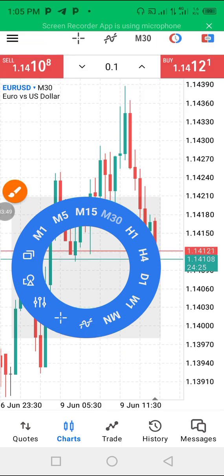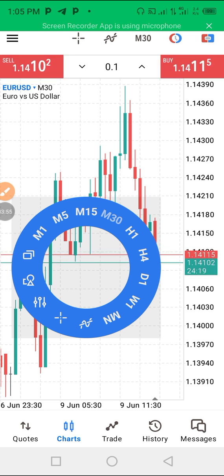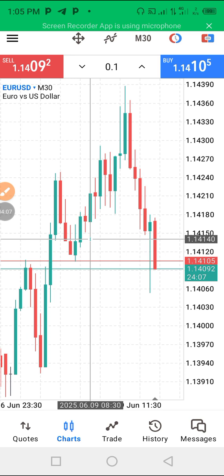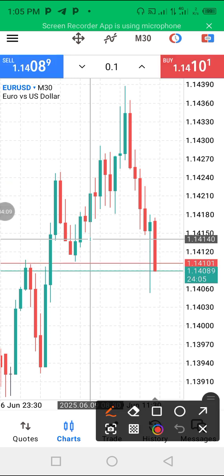This F sign is actually where we go and do our settings on this platform when you tap on it. Then going to this plus sign, when you tap on it, it brings this cross. How do you make the cross go away?